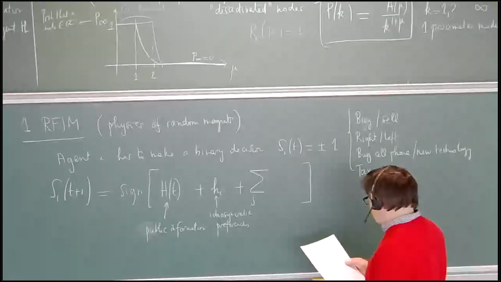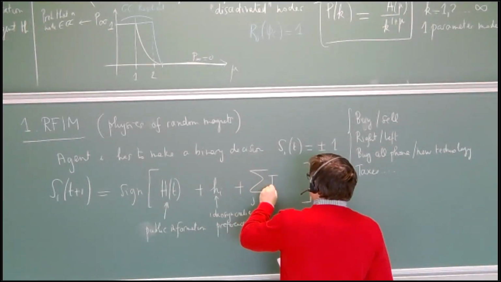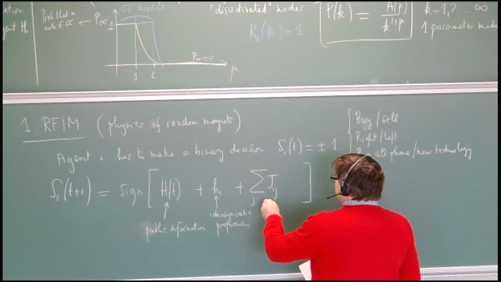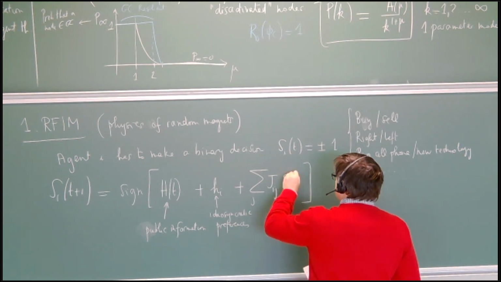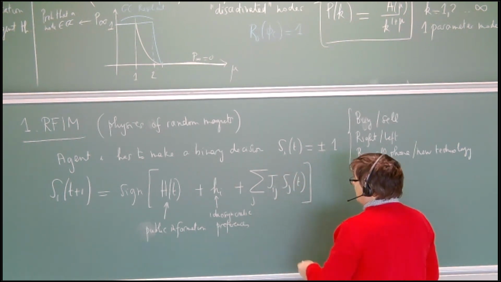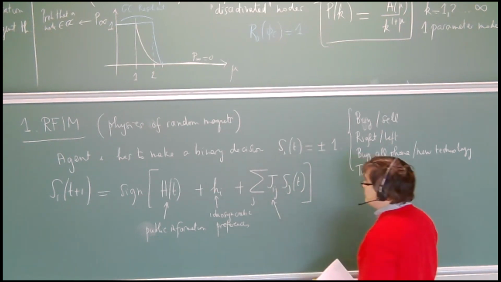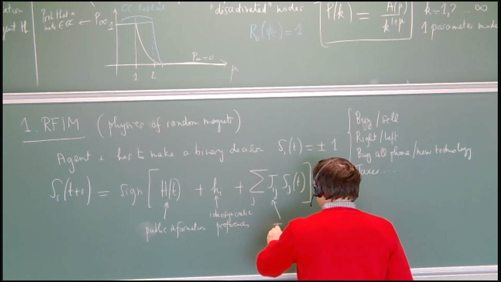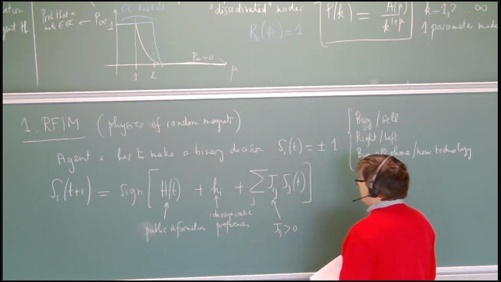And so the social interaction I'm going to write as an interaction between spins, which is the sum over j of J_ij S_j(t). And in the context of what I'm going to speak about today, I'm going to imagine that all these J_ij's are positive or zero.